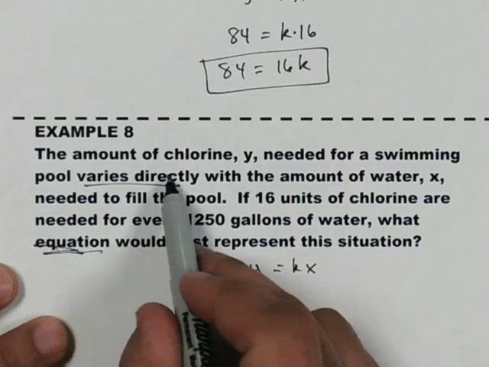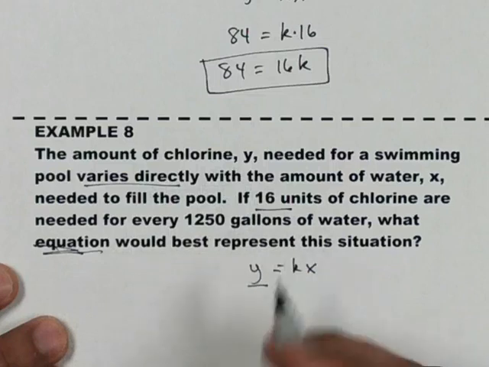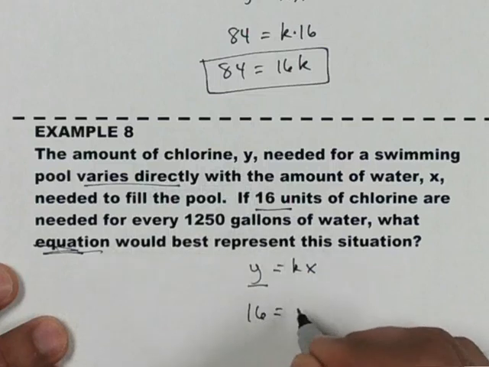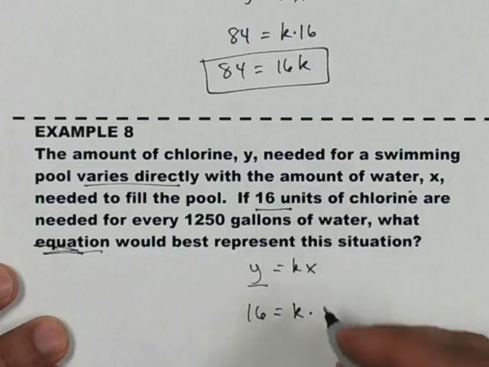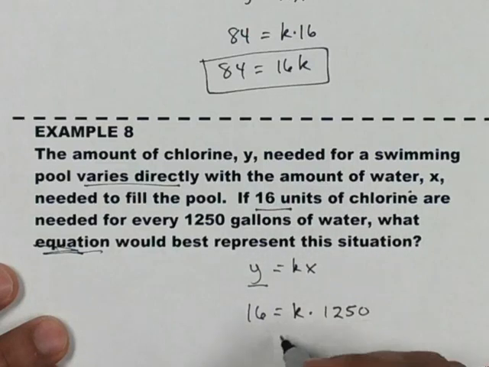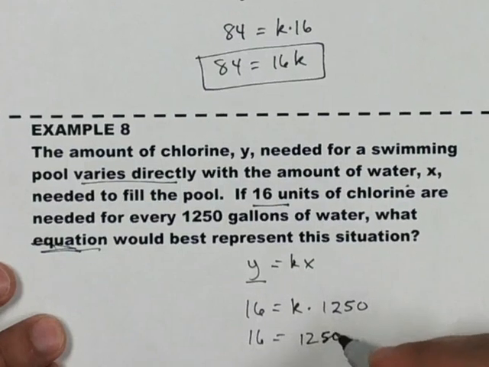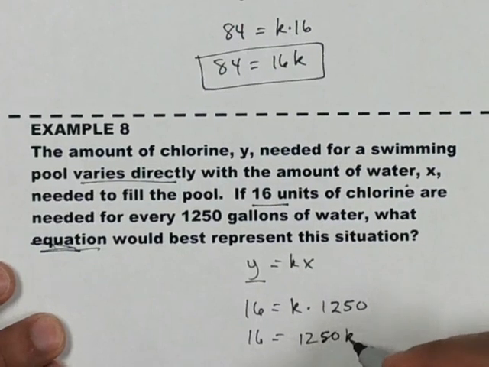Y represents the amount of chlorine, and there's 16 units. So I'm going to have 16 is equal to k. And then the x is the amount of water. So that's going to be 125. And again, I'm just going to rewrite it so it looks like standard notation. And it asks us for the equation, so that would be it.